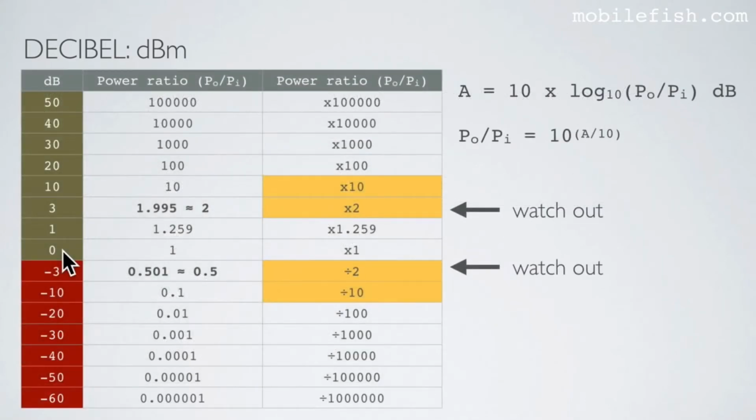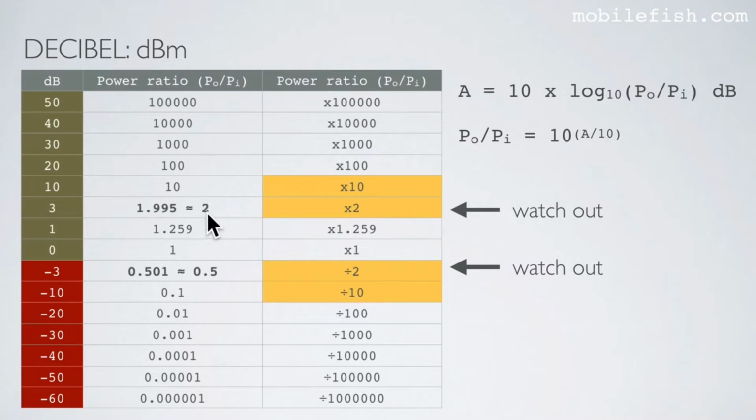Here are a few positive decibel values, and here are a few negative decibel values. If we use this equation, we can calculate their power ratios. 3 dB represents a power ratio of approximately 2. 10 dB represents a power ratio of 10. Minus 3 dB represents a power ratio of a half, and minus 10 dB represents a power ratio of 1/10.